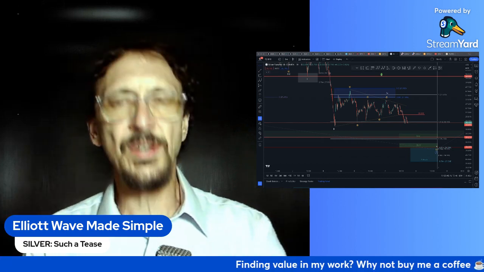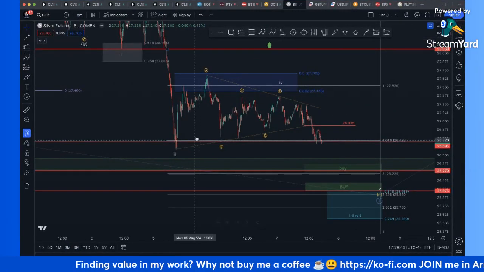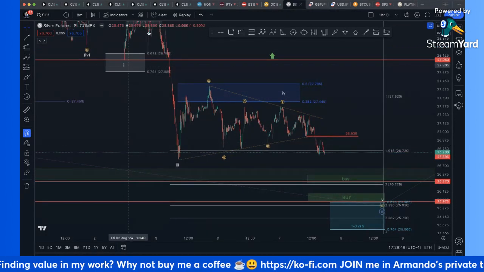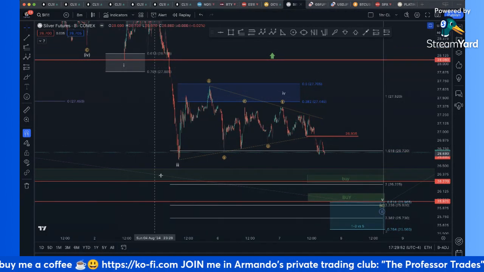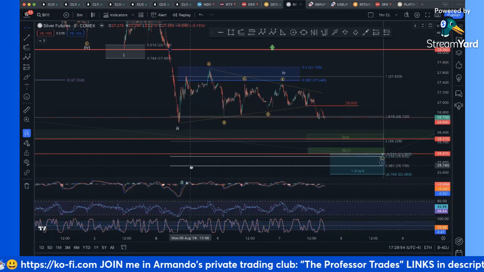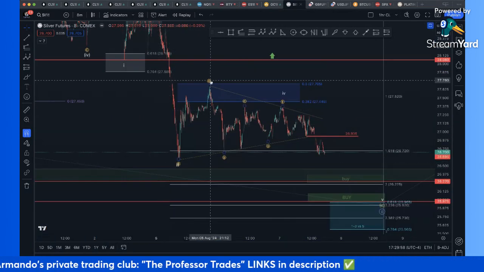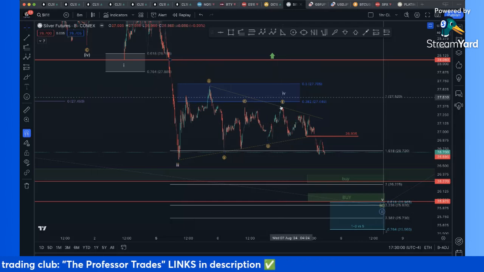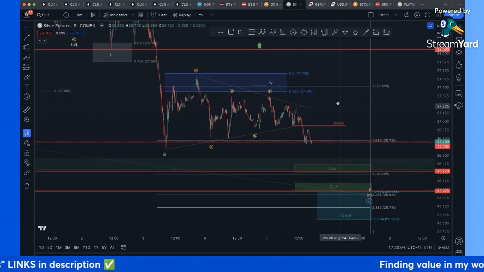So in this case, I'm looking at this structure at this degree with wave 1 in white, 1, 2, this is wave 3 in white, and then this is a wave 4 triangle. This is the white wave 4. And then now I believe we are in wave 5.